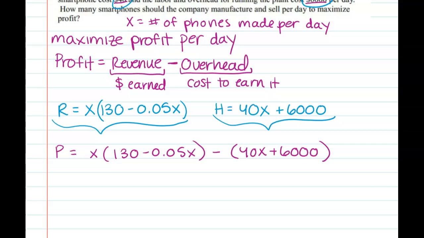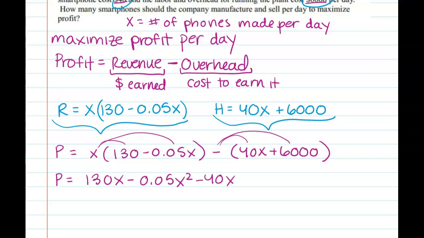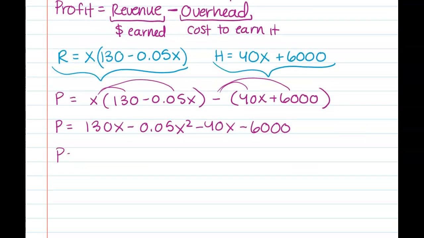So now we can distribute and then simplify. This is 130x minus 0.05x squared minus 40x minus 6,000, which is, let's see, 130 minus 40 is 90x minus 0.05x squared minus 6,000.